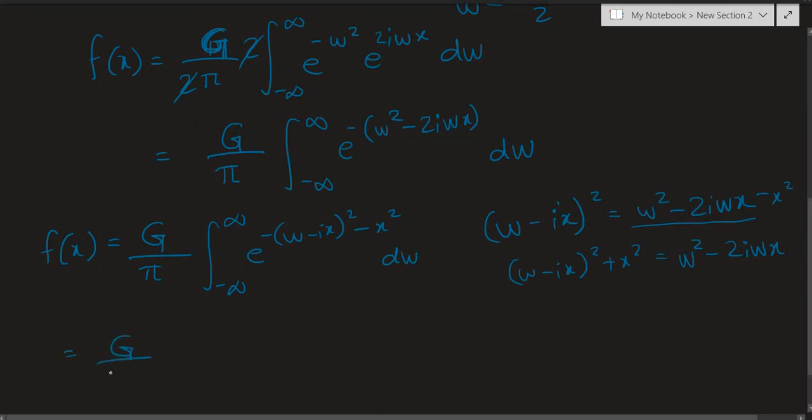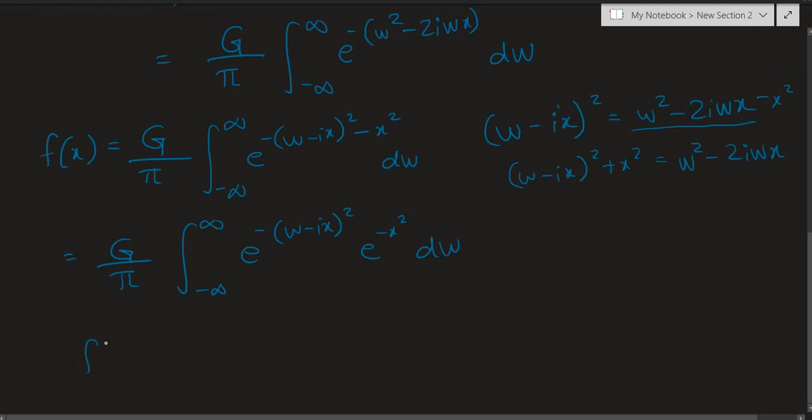And like before, we can separate this x, we can write it as a multiplicative factor: e raised to negative w minus ix squared times e raised to negative x squared dw. So f of x is nothing but, now notice that e raised to negative x squared is a constant with respect to w, right? There is no x in the w, so we have g times e raised to negative x squared divided by pi times the integral from negative infinity to infinity of e raised to negative w minus ix whole thing squared dw.